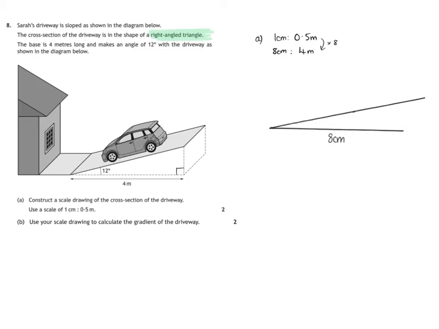And we have a 90 degrees, so we put a ruler down. We make a mark up at the 90. And so we can join up there, so we can make our triangle complete. There we go, I could keep going up if I wanted to, but I don't really need to. And then we should mark on our diagram our 90 and our 12 degrees, and that's our scale drawing.